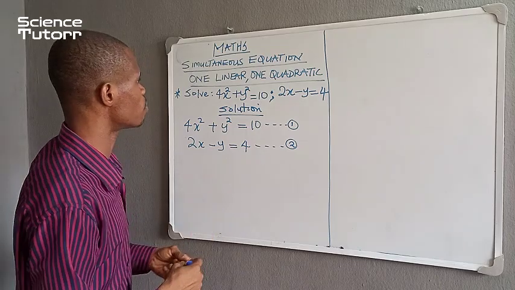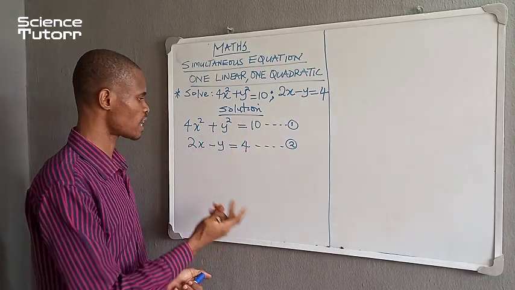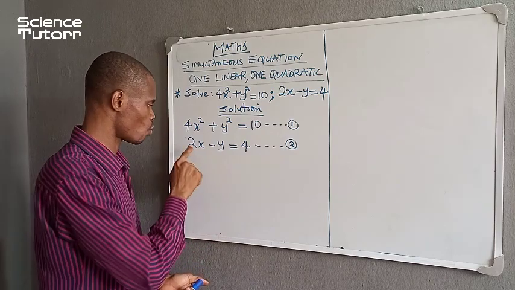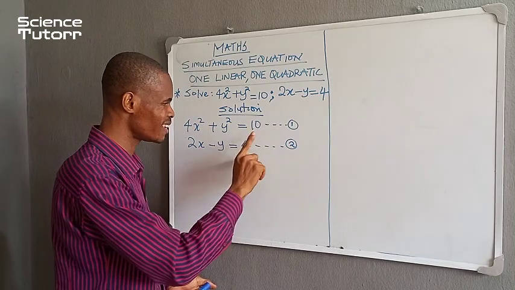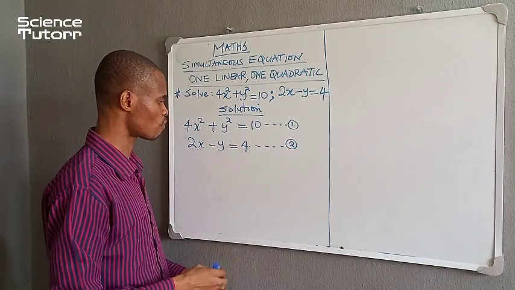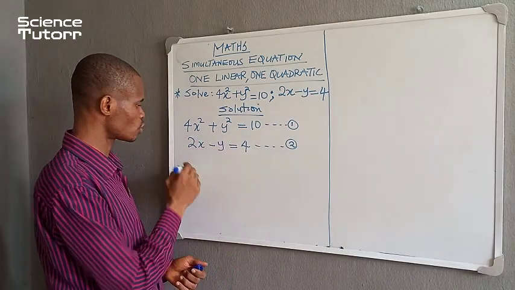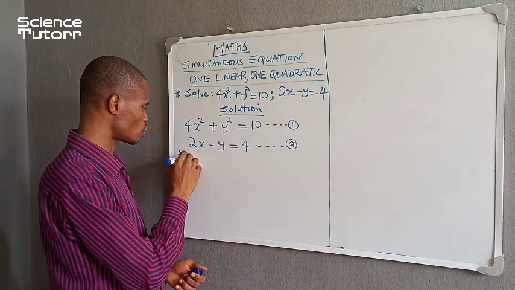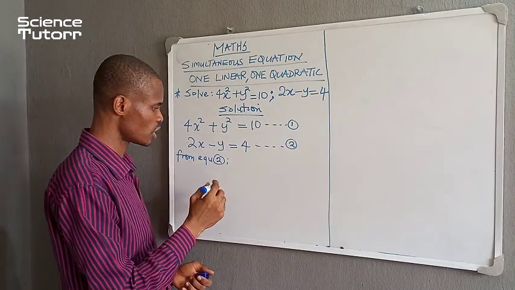Now, in solving problems involving one linear, one quadratic, it is always vital and easier to make one of the coefficients from the linear equation the subject of formula. In this case, let's go with y. So from equation 2, we can make y the subject of the relation.